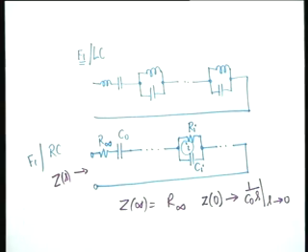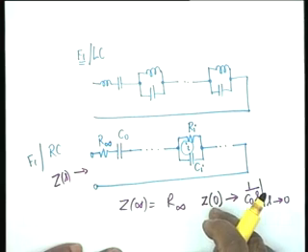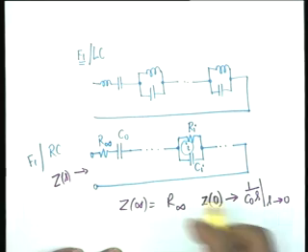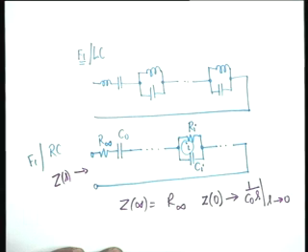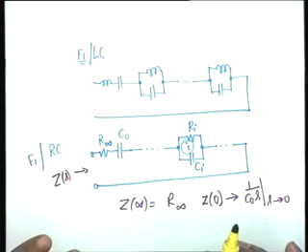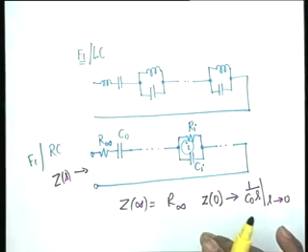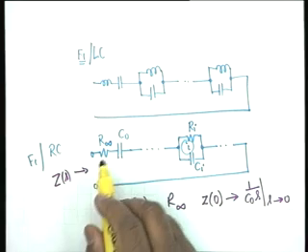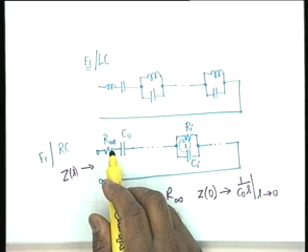At origin it is this capacitor which takes over, and obviously Z of s shall have a pole at the origin, and this is why the subscript C0 here. But we shall derive this in more detail. I just wanted to make an observation because it is obvious here that at DC the equivalent impedance is that of a capacitor of value C0. At infinite frequency the equivalent impedance is that of a resistance of value R infinity.